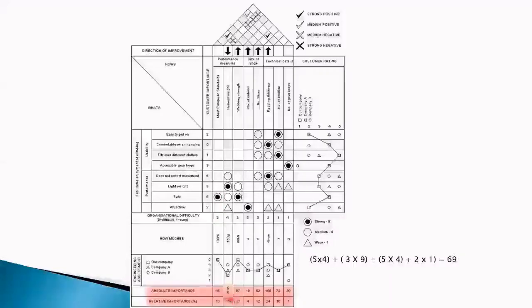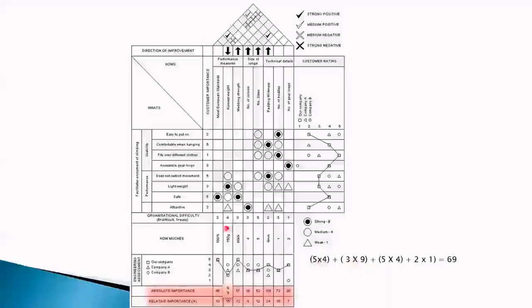To get this one, 69, what is the calculation? Here you can see that the attribute has a relationship with the four requirements mentioned by the customers. Here 5 with relationship 4, so we multiply 5 by 4. The second one, 3 by 9.